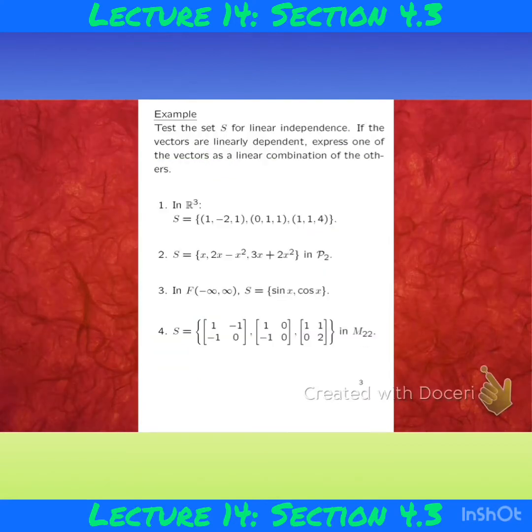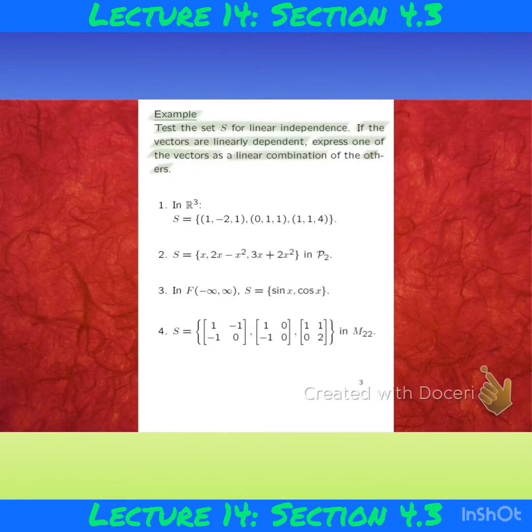Right, so in this example, they ask us to test the sets S for linear independence. If we find that the vectors are linearly dependent, then we're asked to express one of the vectors as a linear combination of the others. What do we need for linear independence, and what do we need for linear dependence? Remember the definitions.